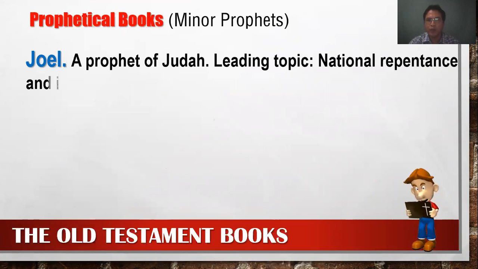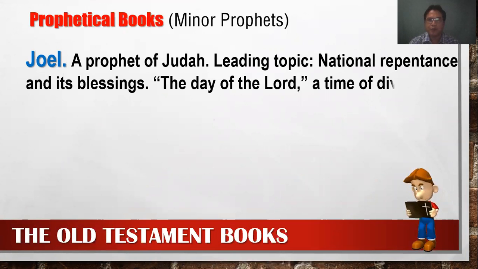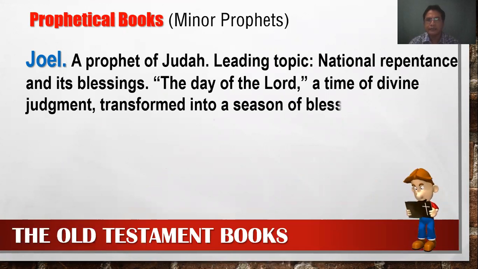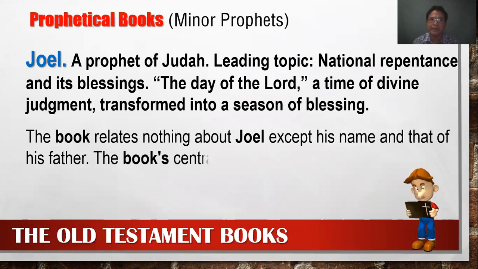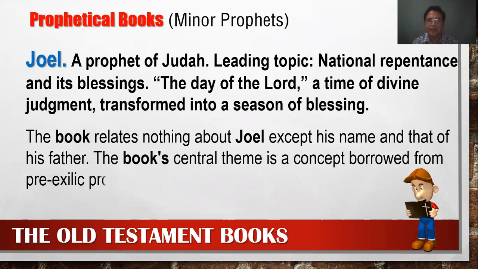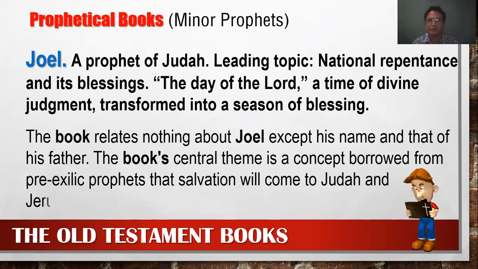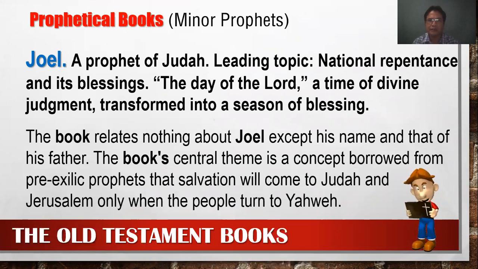The book of Joel, a prophet of Judah. The leading topic of the book is national repentance and its blessings. The day of the Lord, a time of divine judgment, is transformed into a season of blessing.